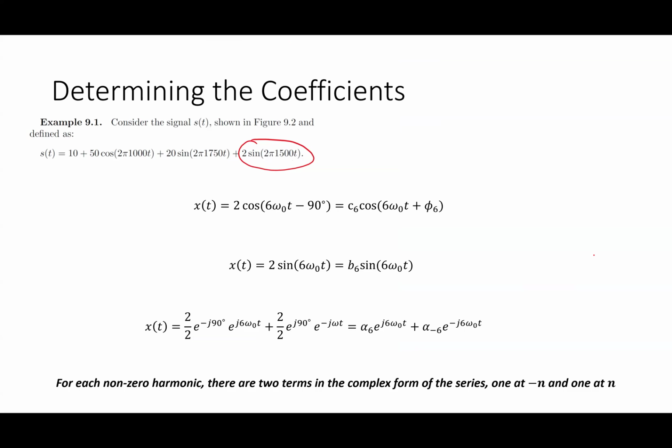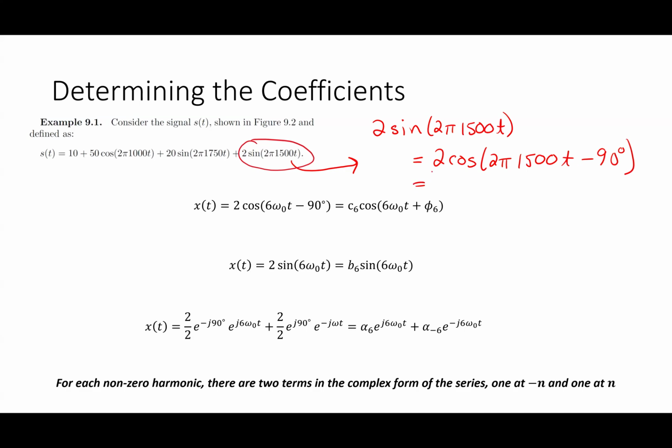Let me write this out a little more carefully. So this is my sixth harmonic. 2 sine 2 pi 1500t is the same as 2 cosine 2 pi 1500t minus 90 degrees. That's the shifted cosine version of this thing.